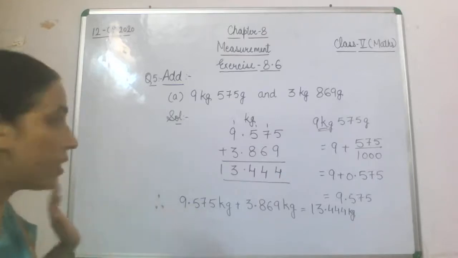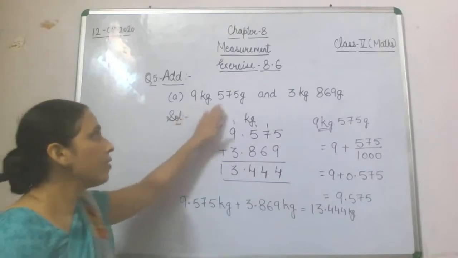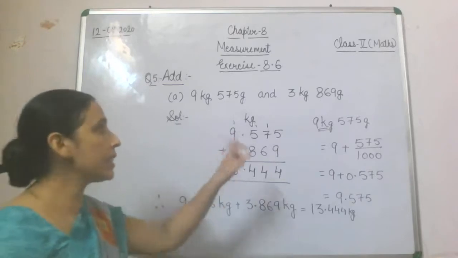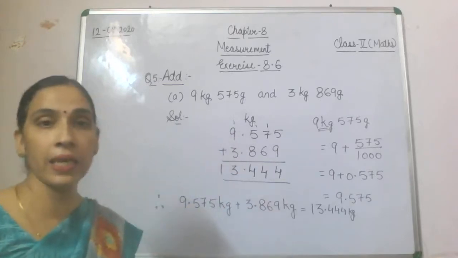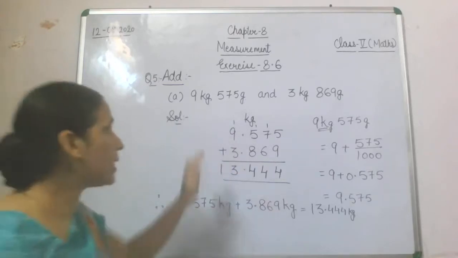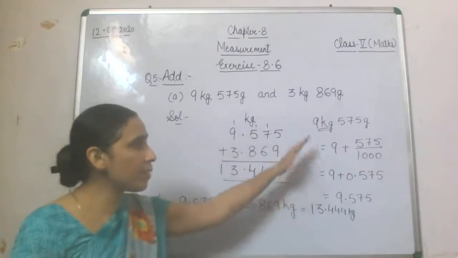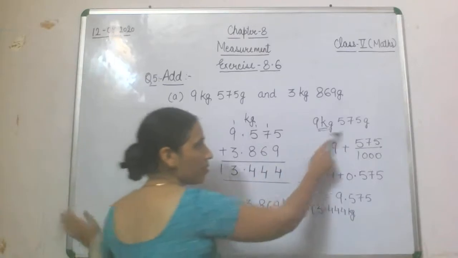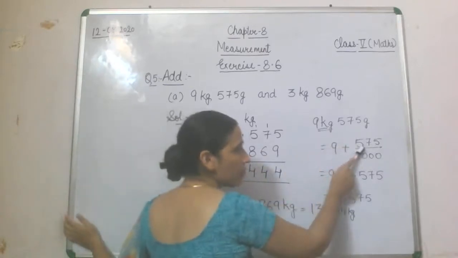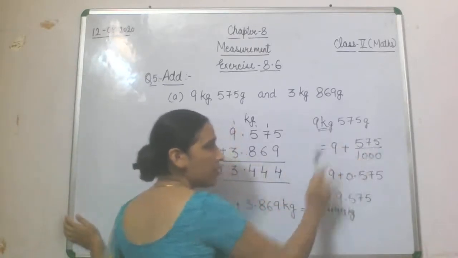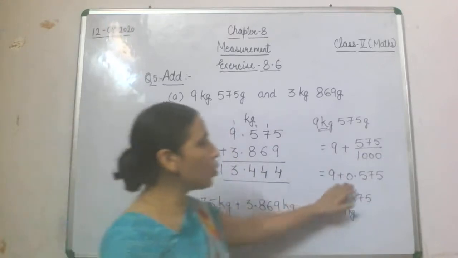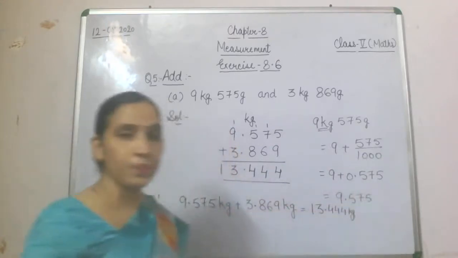See what we have done in this question. 9 kg 575 gram and 3 kg 869 gram are given. I have shown you this conversion. The 9 kg we will not change. 575 will be divided by 1000, and we will get 0.575.